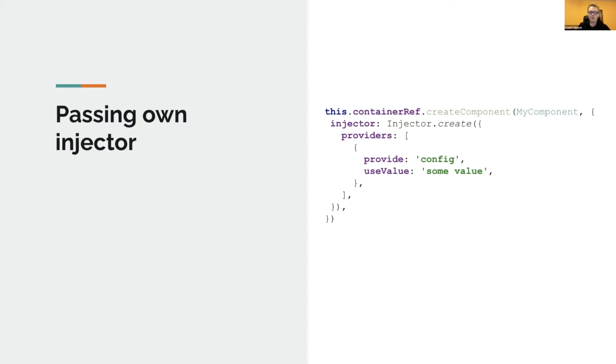But in this particular example, the injector will be attached to the tree thanks to the ViewContainerRef that will do it during the component creation. And as a result, our component will be able to inject any other tokens from the tree, not just the ones that we pass to the create method.